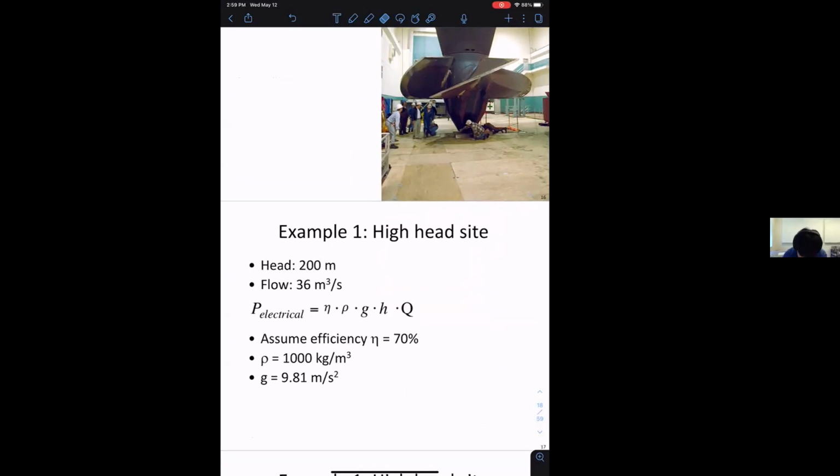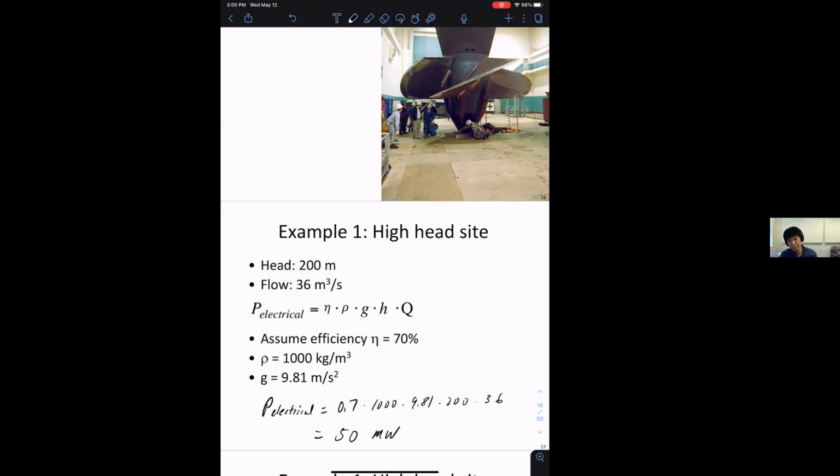So if we look at the electrical power we have here, this is just 0.7 times 1,000, times 9.81, times 36, and so on. You multiply everything together, and we end up getting 15 megawatts. And this is a typical number for a hydropower plant.